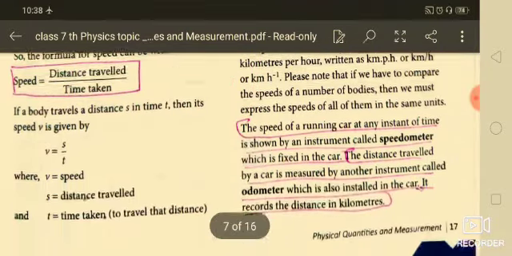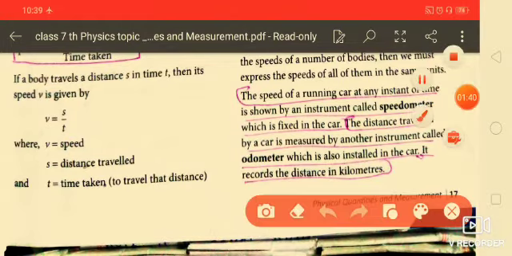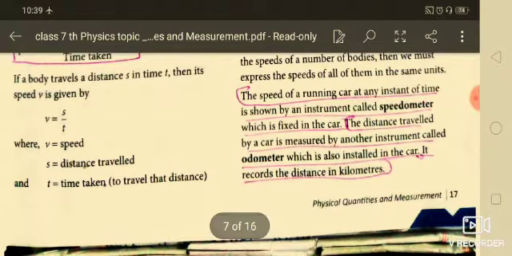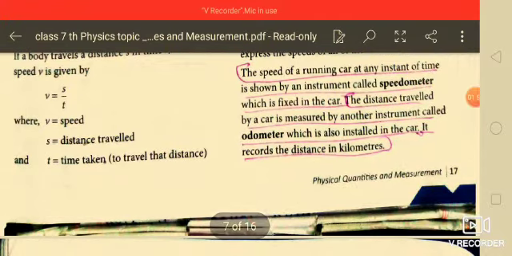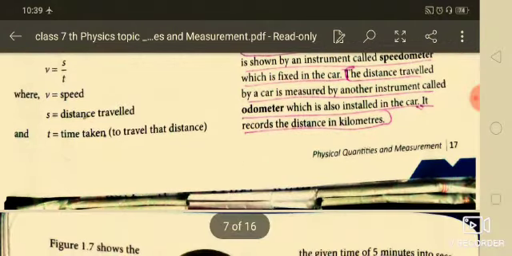Now the next thing is the speed of a running car. You know that there is a speedometer in a running car. The speed of a running car at any instant of time is shown by an instrument, and that instrument is called the speedometer. And what is an odometer?